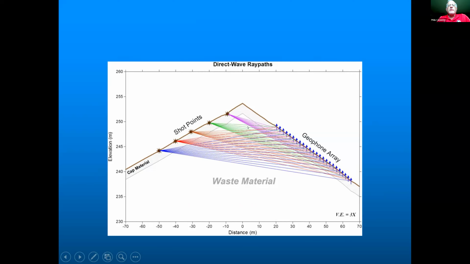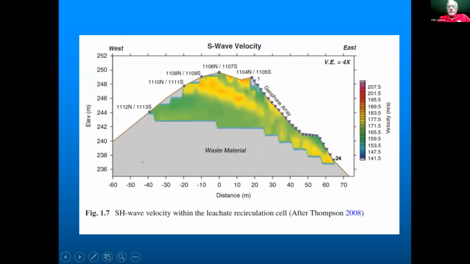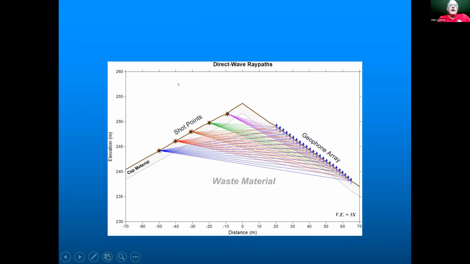These are idealized wave patterns, but this is actually a pretty accurate measure of what it would look like.